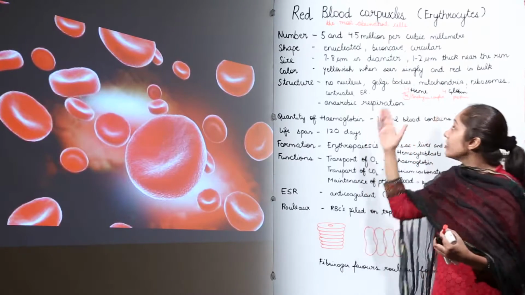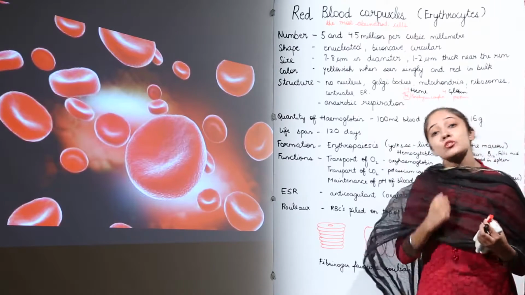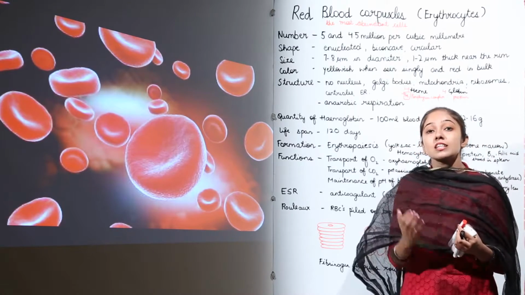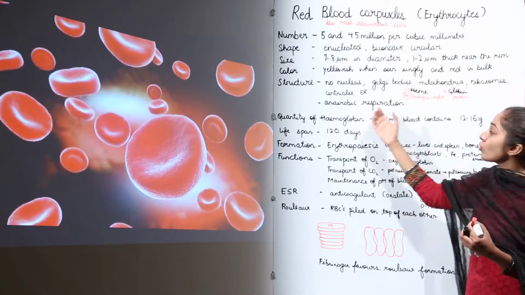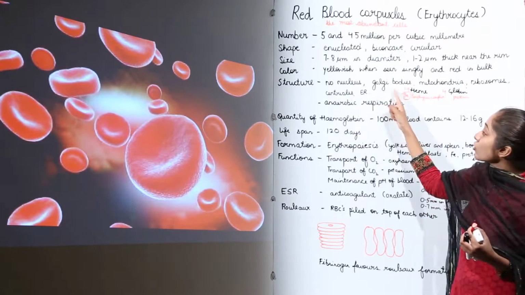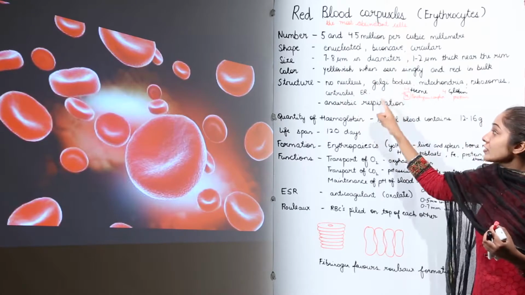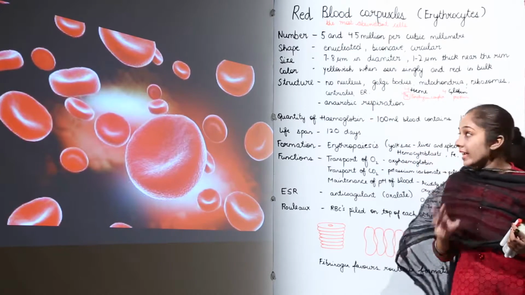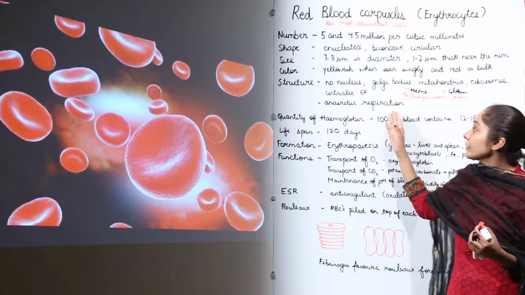Since they do not have these organelles, oxygen consumption is less. When oxygen consumption is less, these RBCs undergo anaerobic respiration.